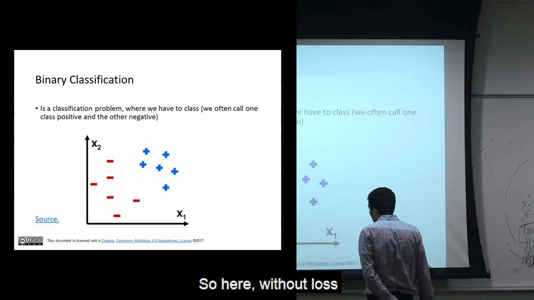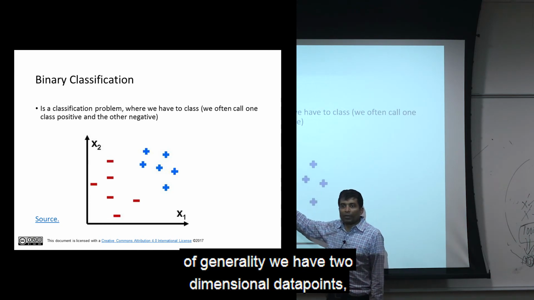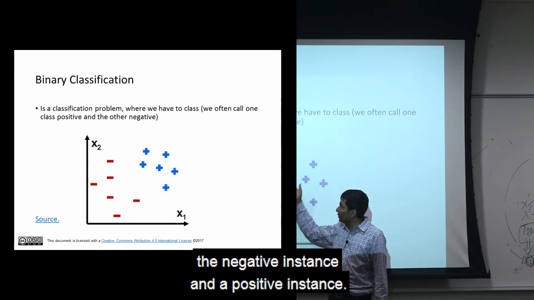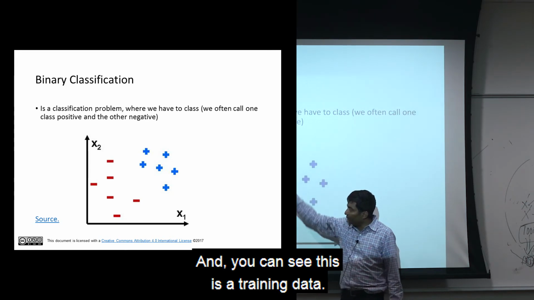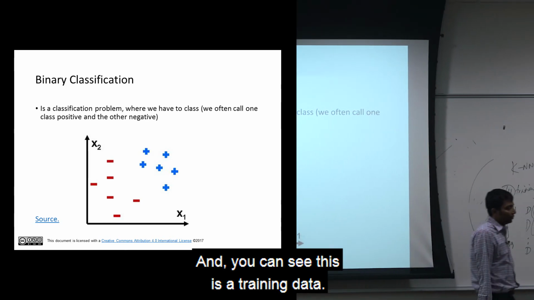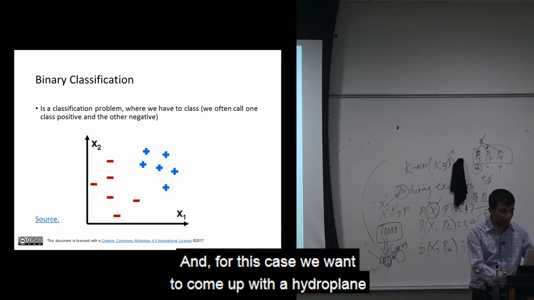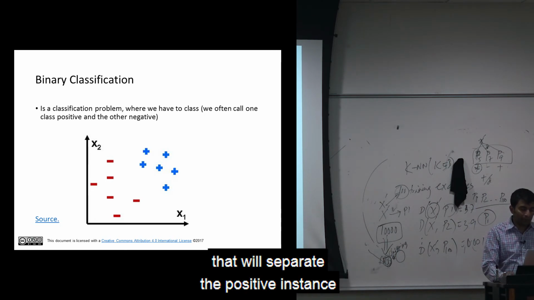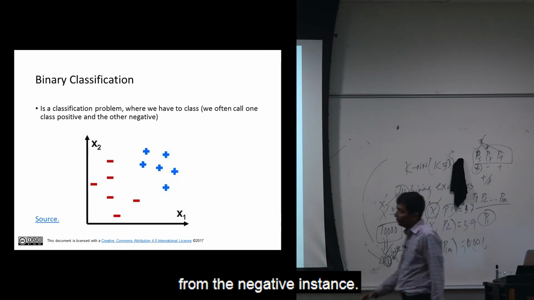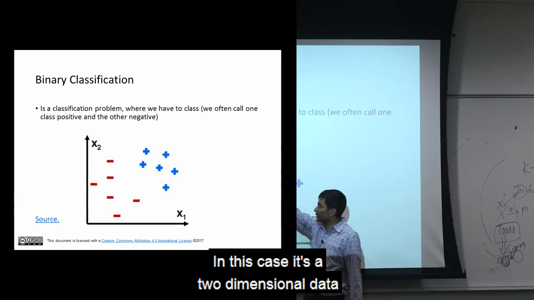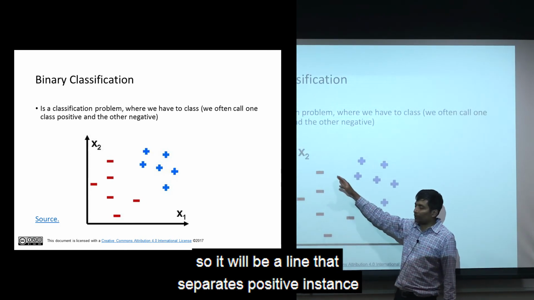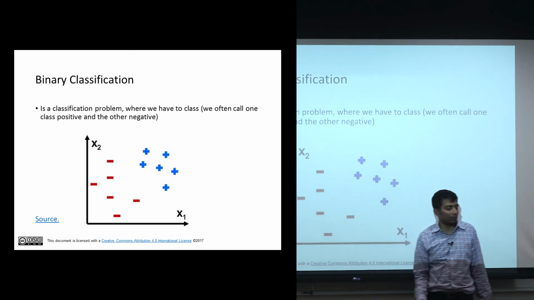So here, without loss of generality, we have two-dimensional data points for negative instance and the positive instance. And you can see this is a training data, and for this case, what we want to come up with is a hyperplane that will separate the positive instance from the negative instance. In this case, this is a two-dimensional data, so it will be a line that separates positive instance from the negative instance.